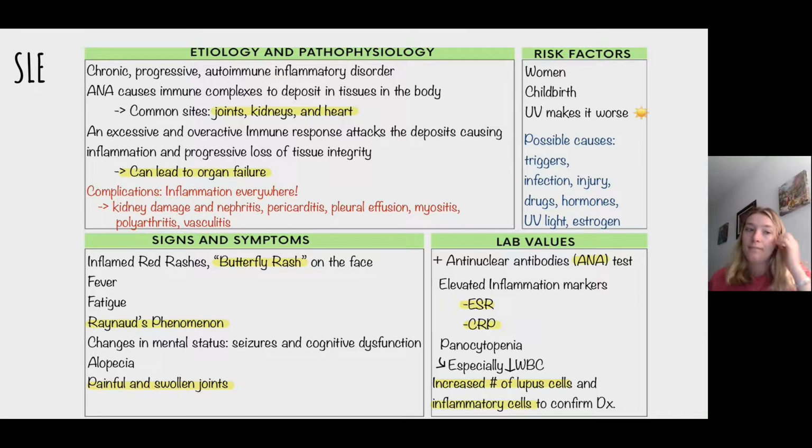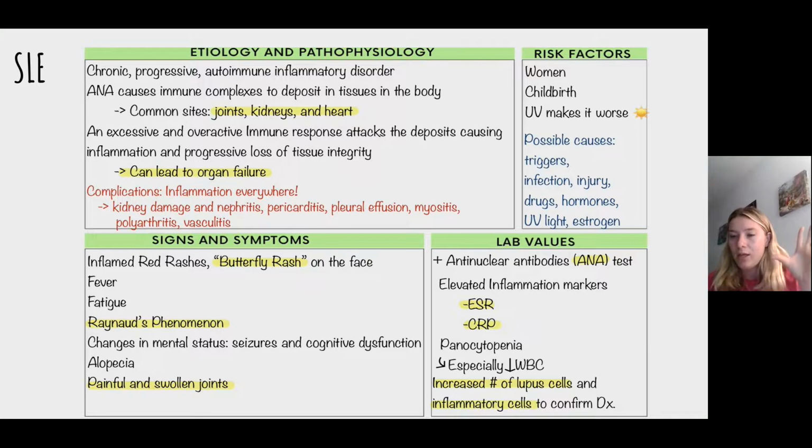It's just not good. So our hallmark signs and symptoms with these patients are going to be that butterfly rash above the nose and cheeks that we did talk about earlier. Raynaud's phenomenon is a big one, so review what that is and the patho behind that. Painful and swollen joints. They might have alopecia, changes in mental status, etc. To talk about the risk factors a little bit, this more commonly occurs in women.